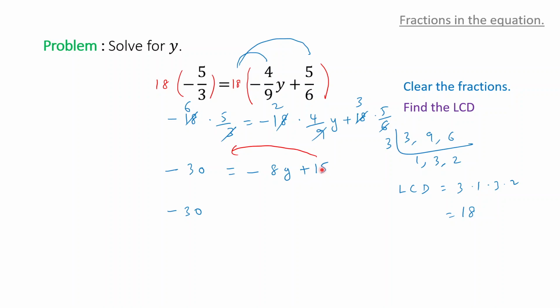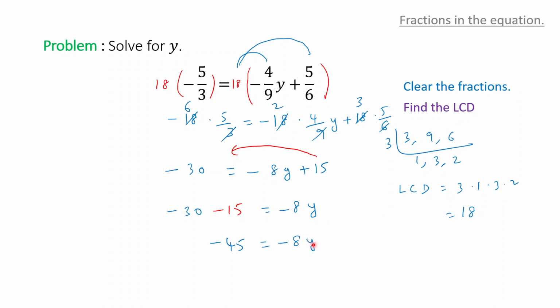If you move this to the left hand side, you will get negative 15. So that is equal to negative 8y. Negative 30 minus 15, negative 45, that is equal to negative 8y.